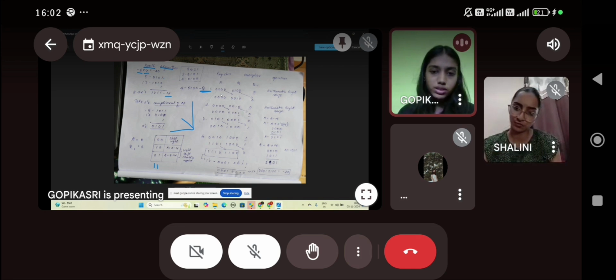The A value is 0 initially and the Q value is the binary value of 4, and the initial Q minus 1 is 0. We should check the last 2 bits. It is 0 0, so the condition is shift right, and the right shift is performed here. This part will move here, this part will move to the last position, and the Q minus 1 value will be shifted to the very first position of A.